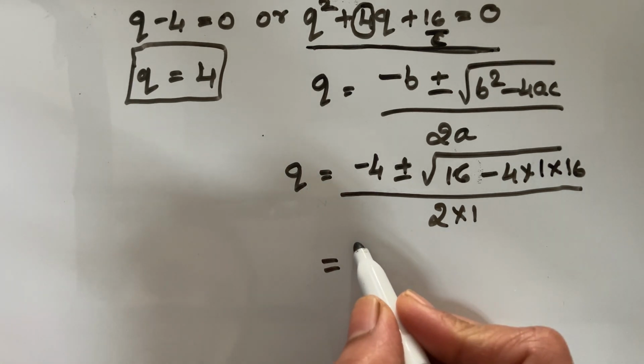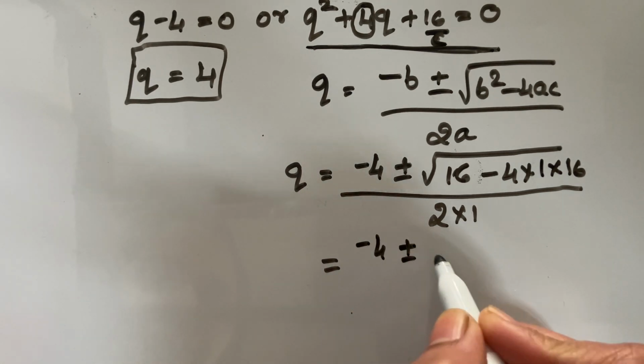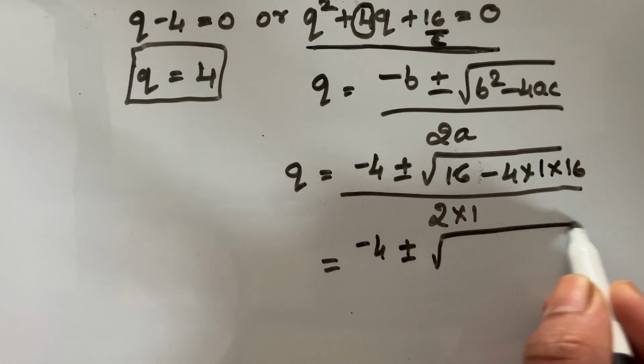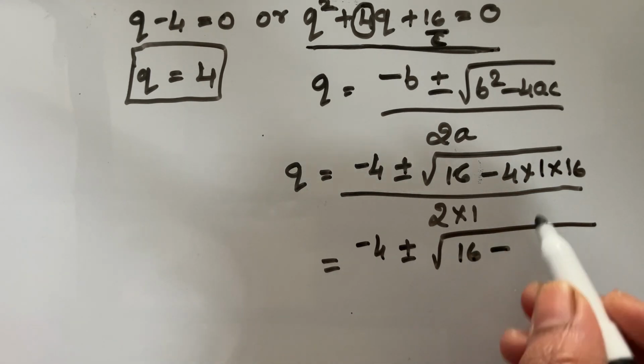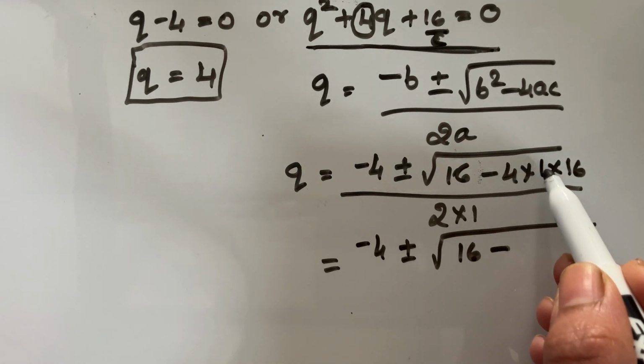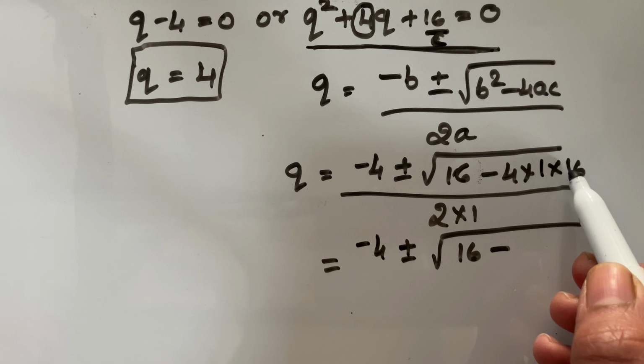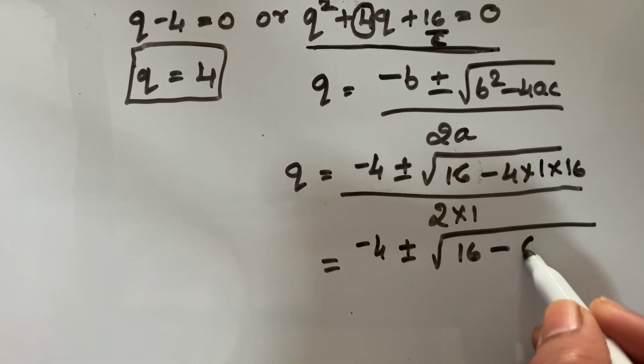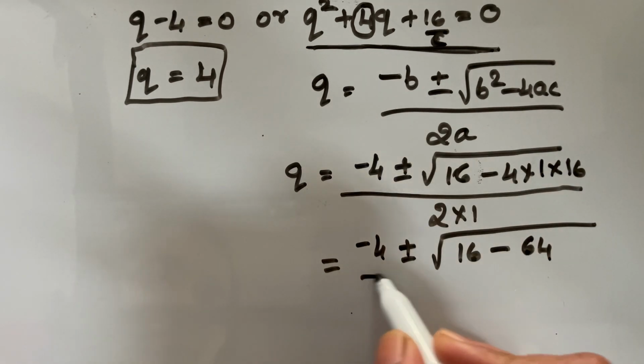Let's solve this. Minus 4 plus or minus square root of 16 minus 4 times 1 times 16. 16 times 4 is 64, divided by 2.